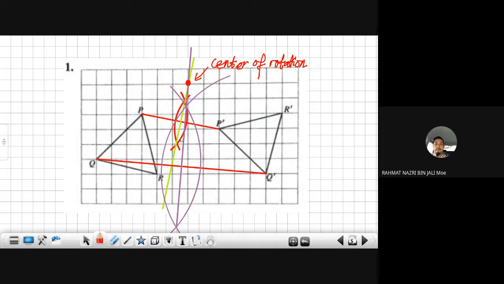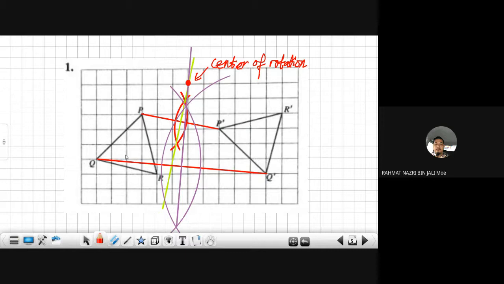After that, we find out the perpendicular divider, perpendicular line that divides P and P prime into equal parts. This line, the yellow line.